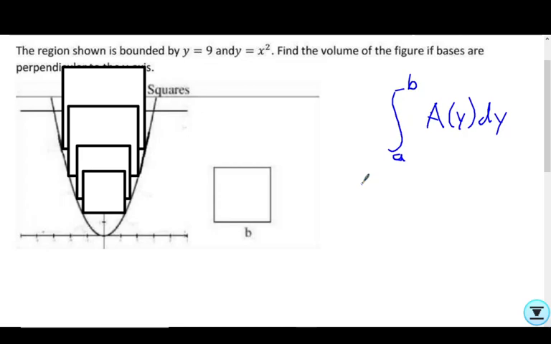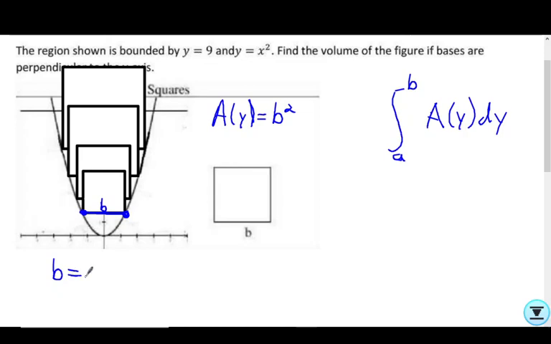Now, A(y), since we're using squares, is basically b squared, because that's the area of squares with the base of b. Okay? And that's what we talked about yesterday. So the base of my square is from here to here. So we need to find the equation for b, the base itself.